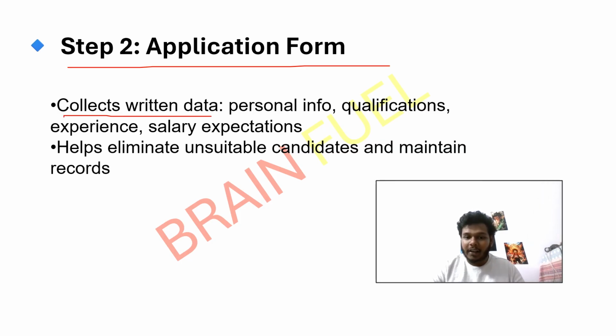It collects written data like resumes, personal information like where they studied, when they studied, what they studied, qualifications, experience, what experience they hold, and what the salary expectations from the organization are. This helps eliminate unsuitable candidates and maintain records.